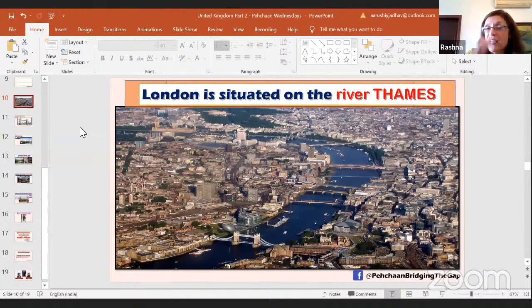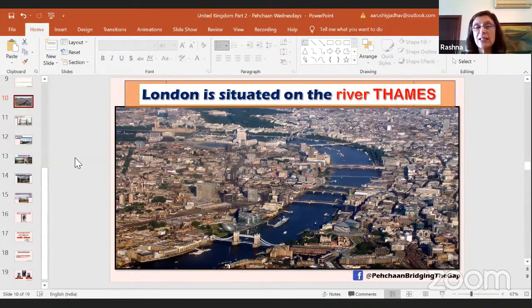So import, export, trade, anything that had to be brought from one part of the country to the other part of the country also had to go on a river or by sea. So very good reasons you all have given me that first of all, water is essential for living, for people to live, for farming, for everything that they need. And water is very important for transport and for trade.